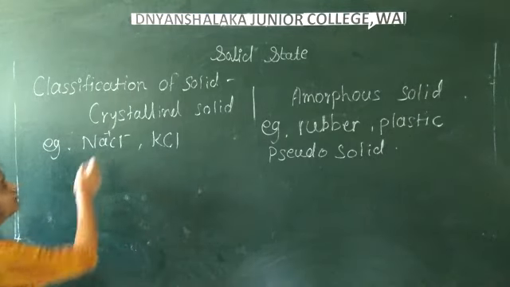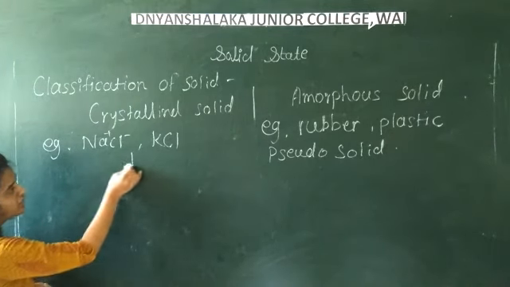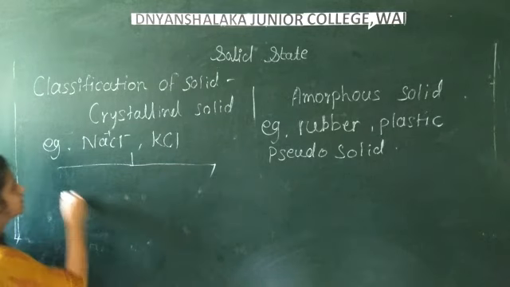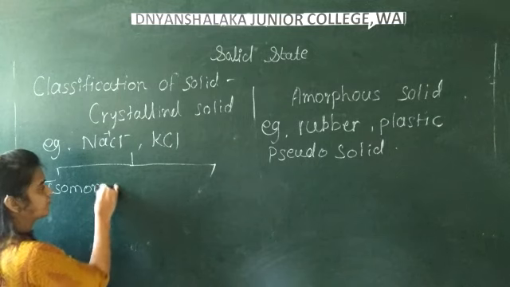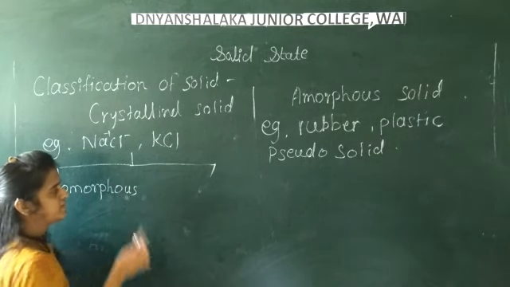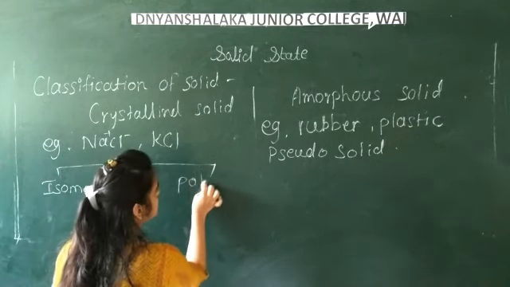So next we discuss two important terms of crystalline solid. First, isomorphous, and second, polymorphous.